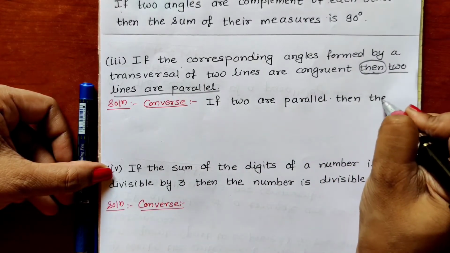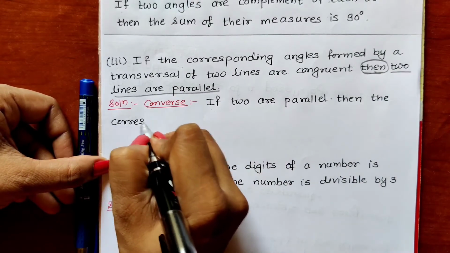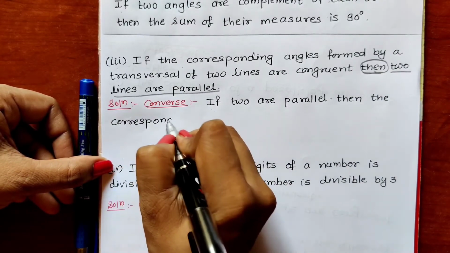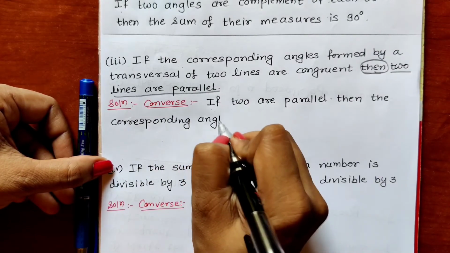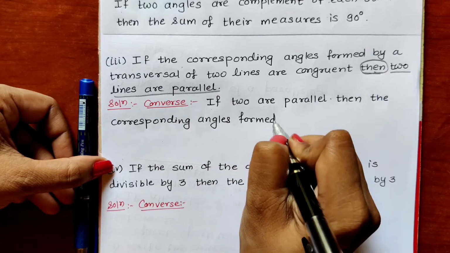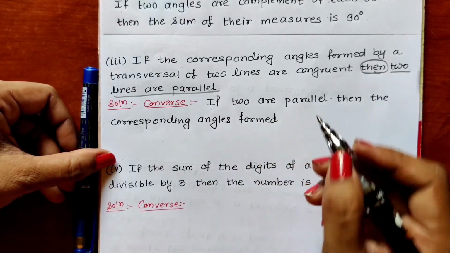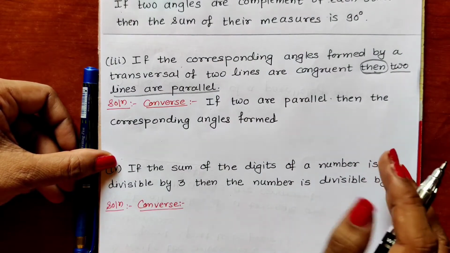Then the corresponding angles formed. See children, we have to add few words on your own so that the sentence will become meaningful.